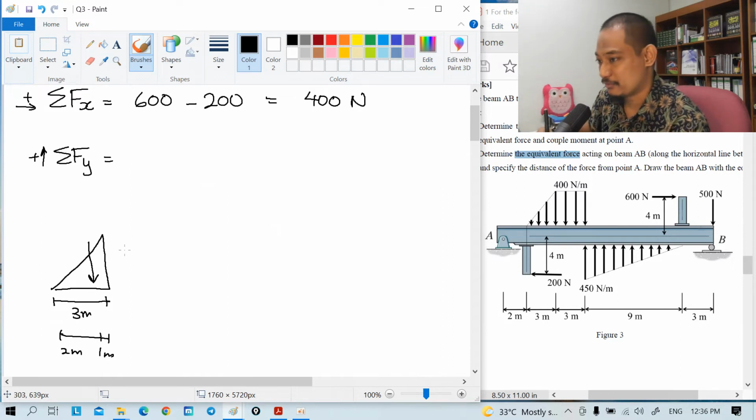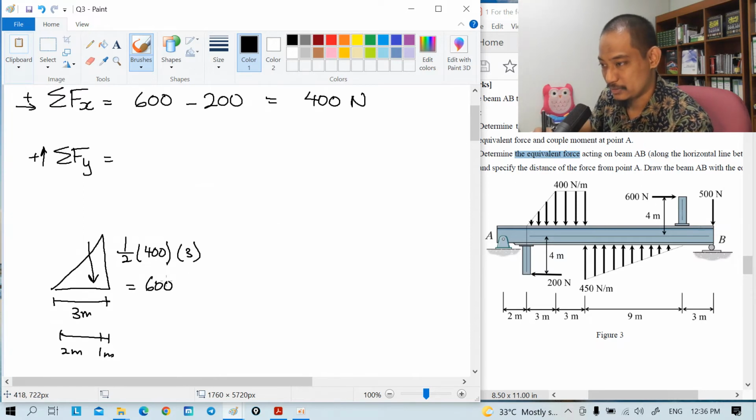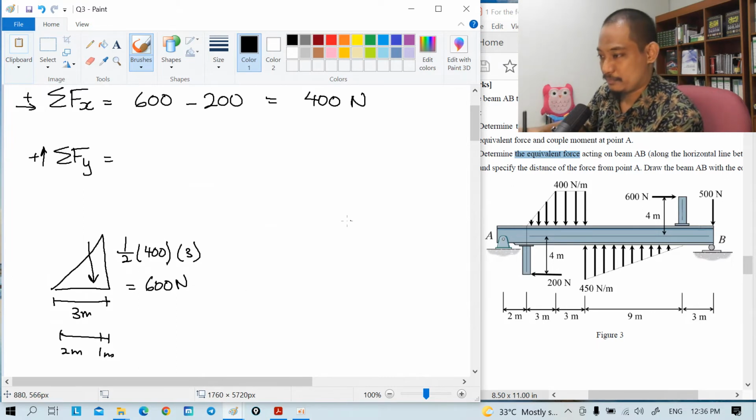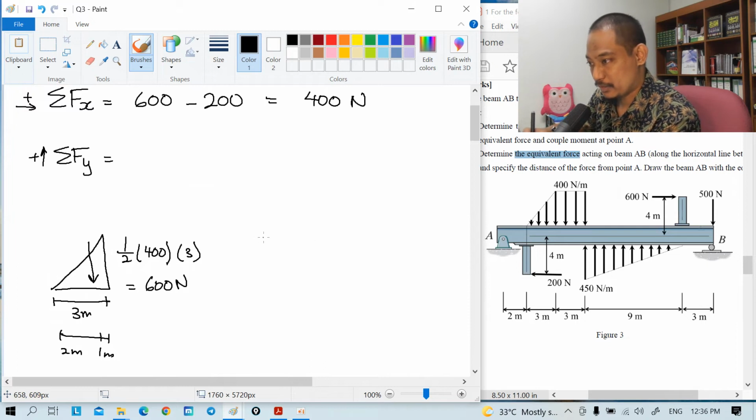And then the force value is the area, so half times 400 Newton per meter times 3 becomes 600. So that's that one. And then we have the rectangular load there. The equivalent force should be at the middle.